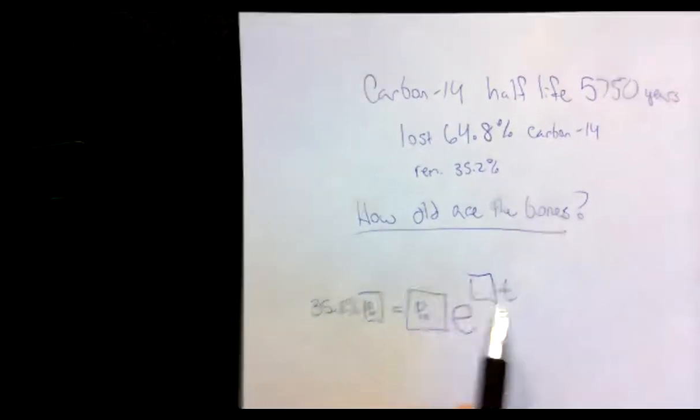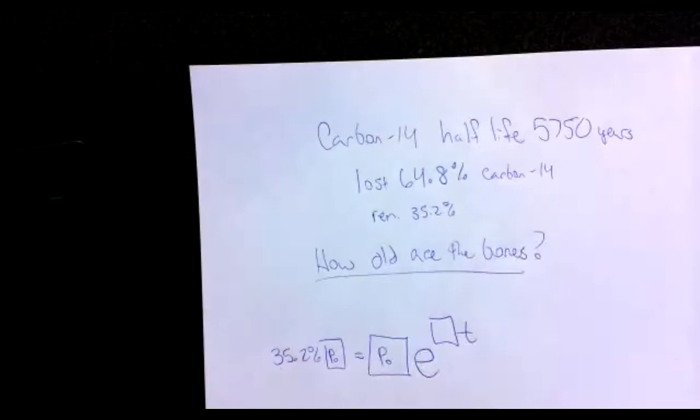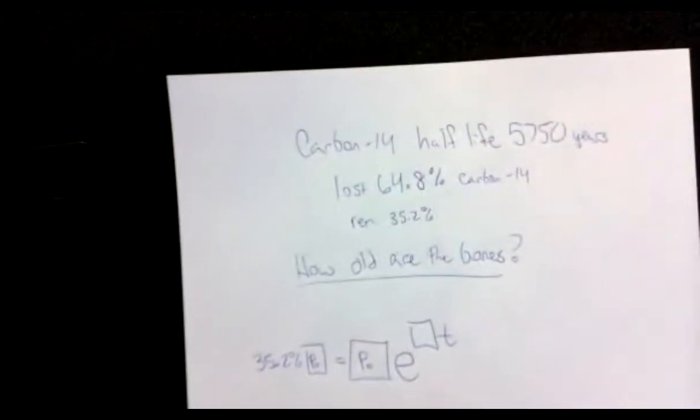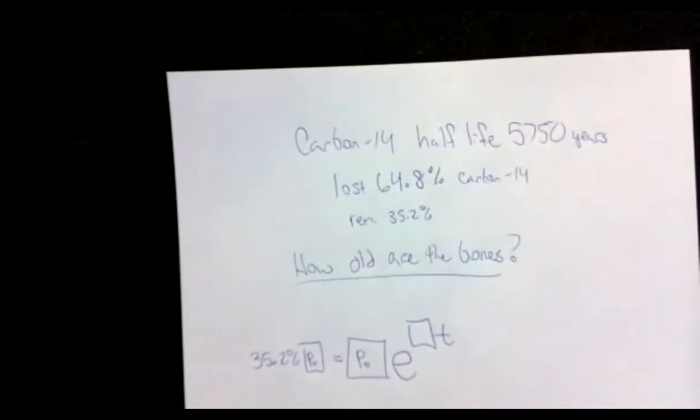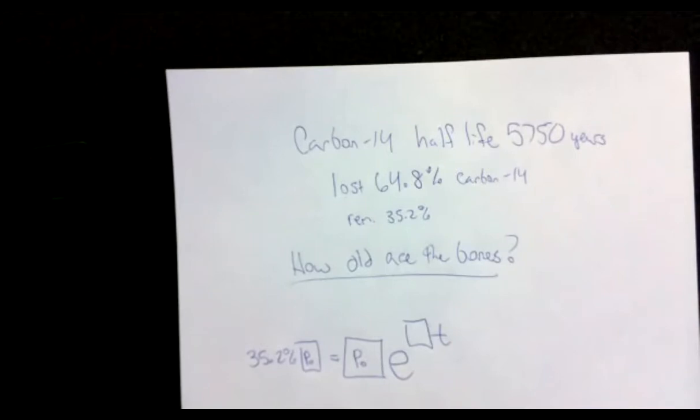Now, the multiplier we don't know, but we've got some stuff to go off of. So the half-life is 5,750 years. So anytime you're figuring half-life, we take the natural log of 2 divided by whatever the half-life is.